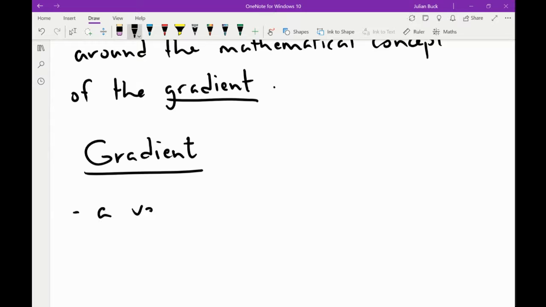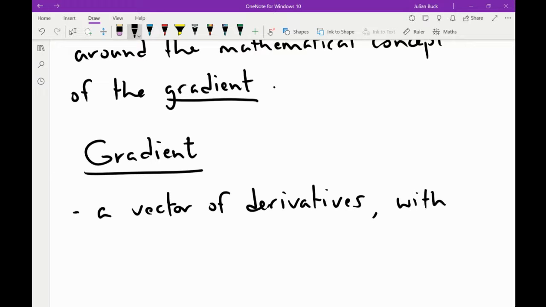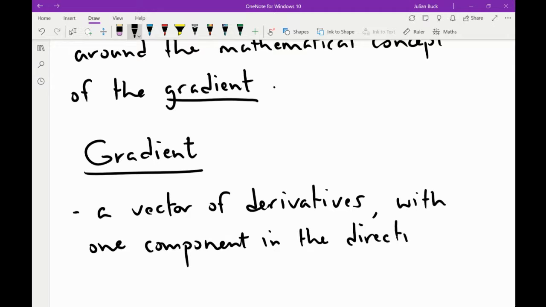A gradient is a vector of derivatives. Given some function, such as for us a loss function, that depends on many variables, in our case the different features, we can think about taking a derivative corresponding to each of those. So the idea is there is a vector of derivatives with one component in the direction of each independent variable.